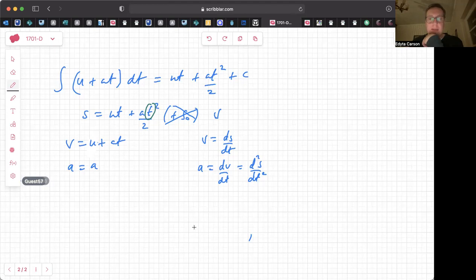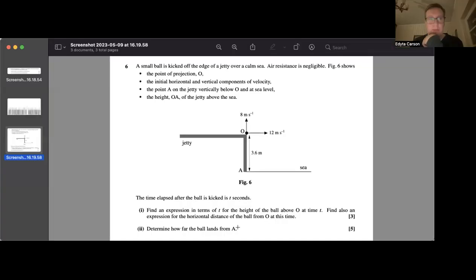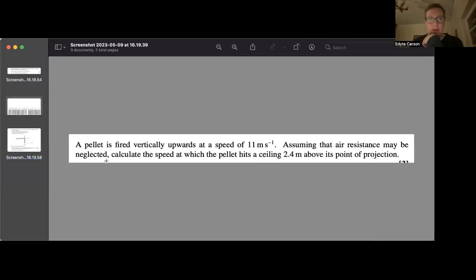Okay, so talking of examples, let's have a look at one. Our first question will be this one. A pellet is fired vertically upwards at a speed of 11 meters per second. No air resistance. What speed does it hit the ceiling 2.4 meters above its point of projection?